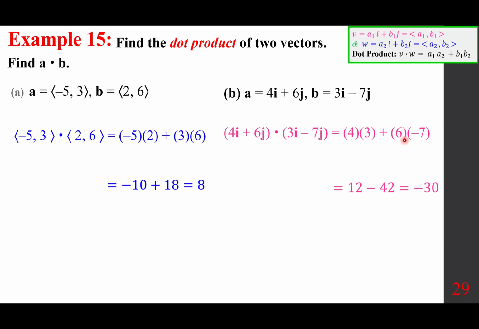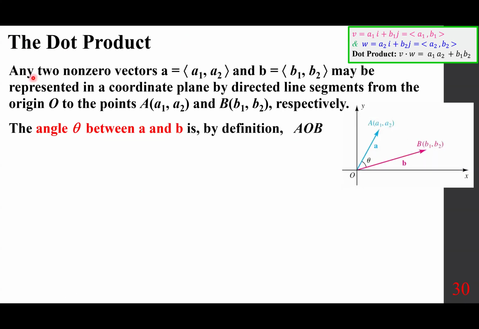So dot product, in short: multiply the components, and the result is a number, a scalar. Any two non-zero vectors, let's say vector A = (A1, A2) and vector B = (B1, B2), may be represented in a coordinate plane by directed line segments from the origin O to the points A with coordinates A1 and A2, and B with the coordinates B1 and B2.